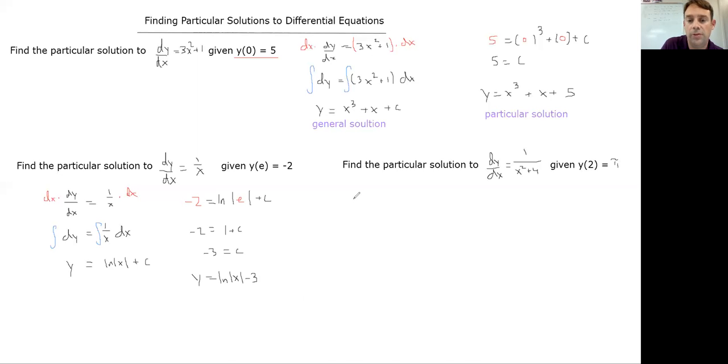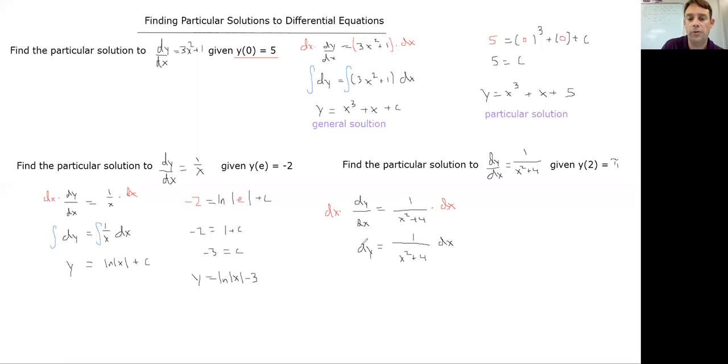All right, one to go. Let's see how we did. dy/dx equals 1 over x squared plus 4. And we're going to multiply both sides by the differential again. And we end up with dy equals 1 over x squared plus 4 dx.